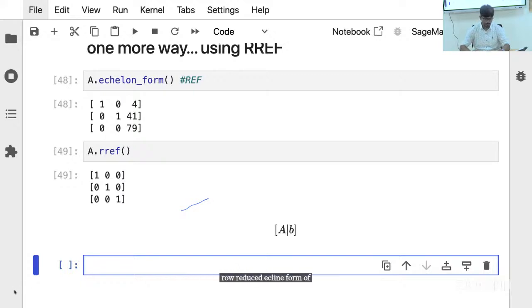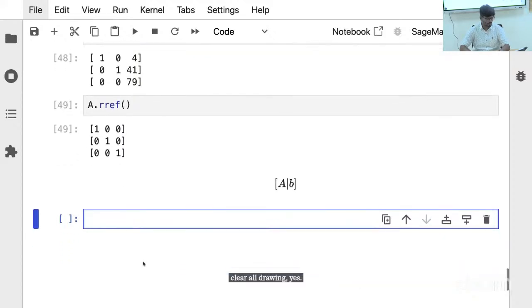Okay. I don't know how this annotation came. Yes. Clear all drawing. So for that, first of all, I should augment B with A. So let's do that. Let's call it AUG, the augmented A, which is equal to A dot.